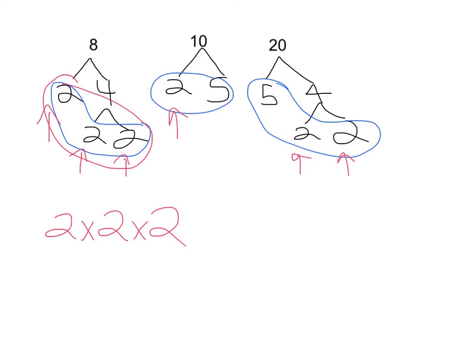And then we're going to look at 10. We already have a 2, so we don't need that. But the 5 is new, so we bring the 5 down. For 20, we already have a 5 and we already have 2s, so we have everything we need. So 2 times 2 times 2 times 5 is 40. So the least common multiple for 8, 10, and 20 is 40 using prime factorization this way.